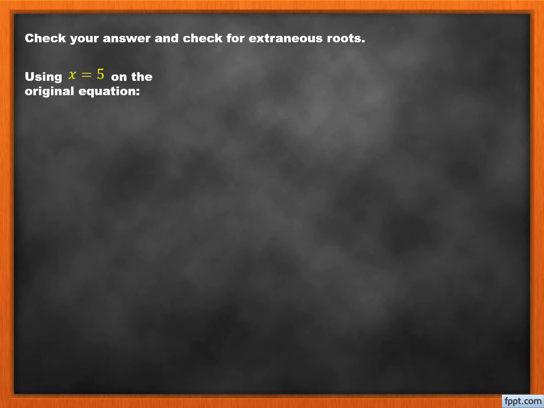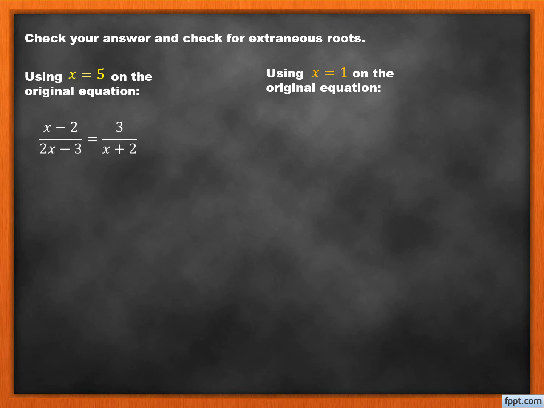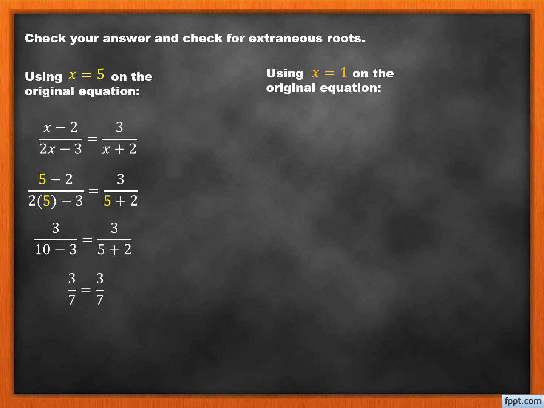First, let us use x equals 5. Using our original equation, we replace x by 5. And by simplifying, we got 3 over 7 equals 3 over 7.